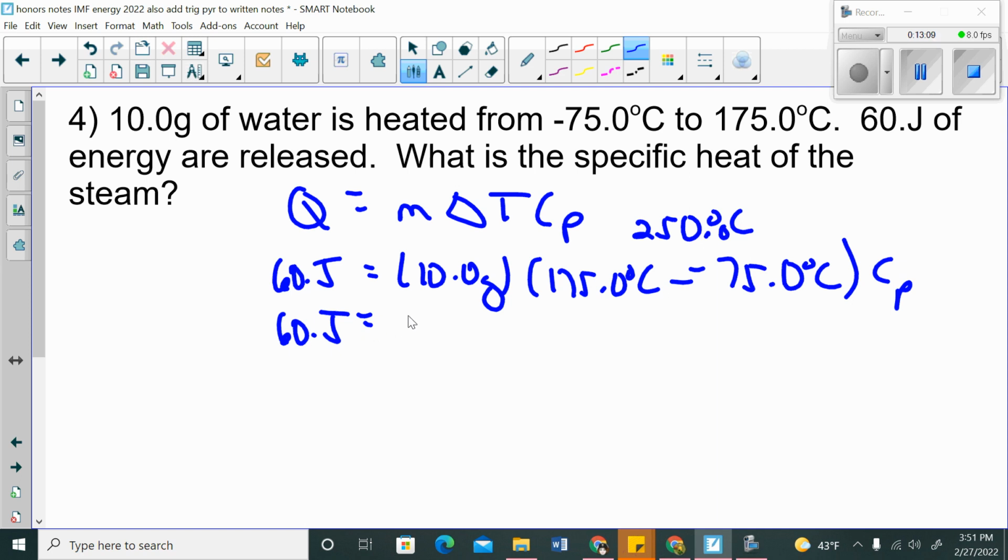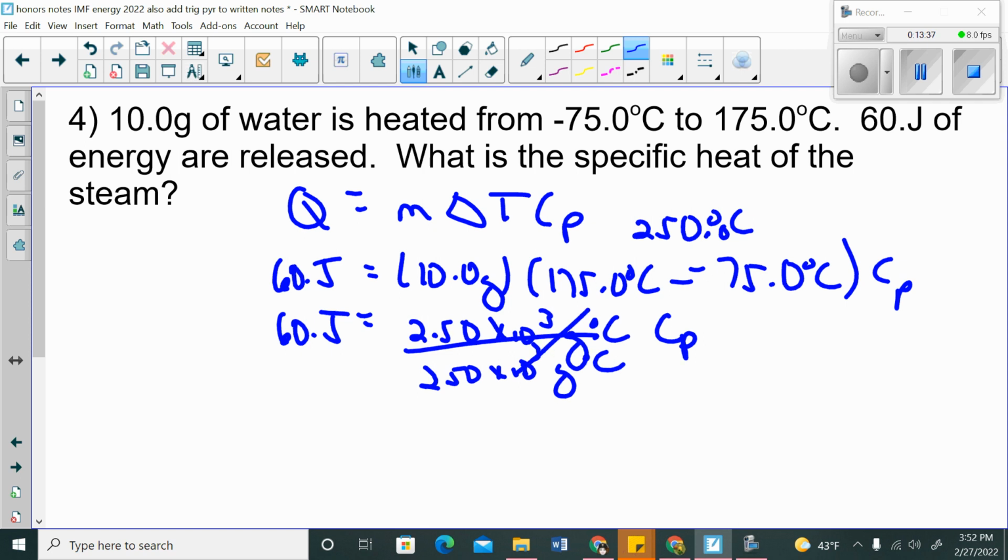When you multiply these, you get 2,500, but you need 3 significant figures, so we'll do 2.50 times 10 to the third gram degrees Celsius and CP. CP is what you're looking for, so the joule is out.